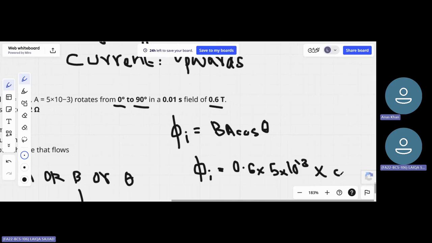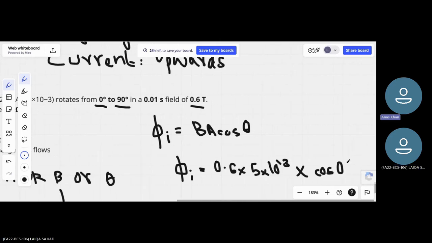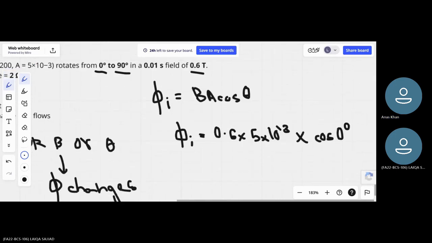What is cos 0? It's 1. So we simply multiply and we get 3 into 10 raised to power minus 3.